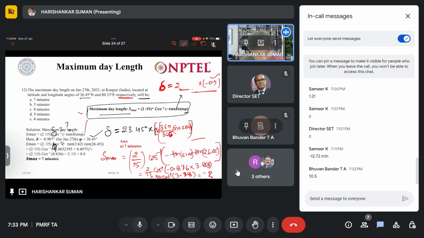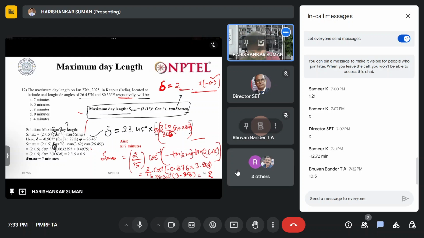So this is a wrong answer because we have used the wrong delta. The delta is 0.9 around multiplied by 23.45.